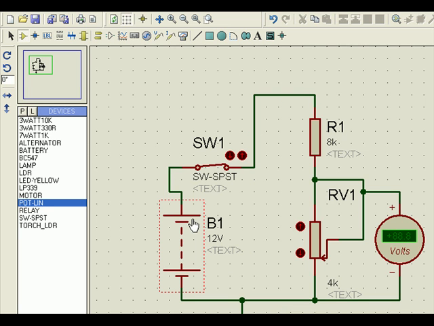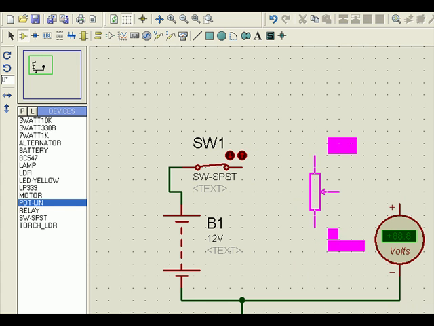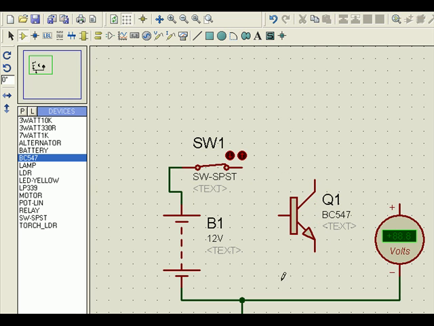Now, having seen all this, let's go over to some very simple circuits that we will be using in our projects. Now let us remove all this. Let's have the meter only, and let me take a transistor. Now let's say I take a transistor here, this is a transistor, and then let me connect this.